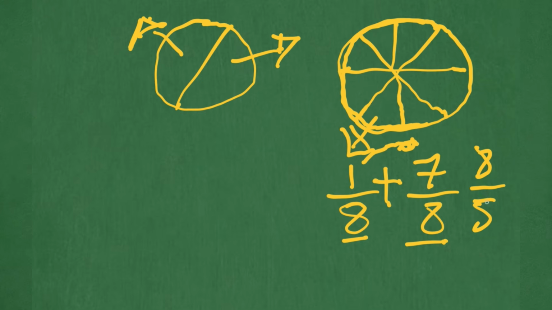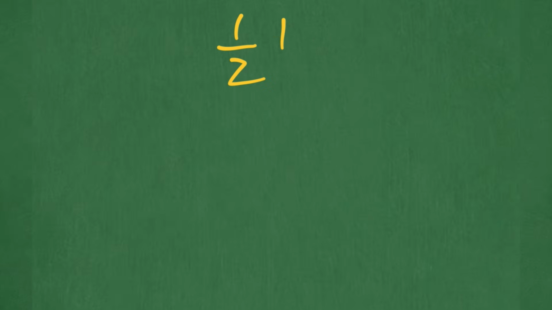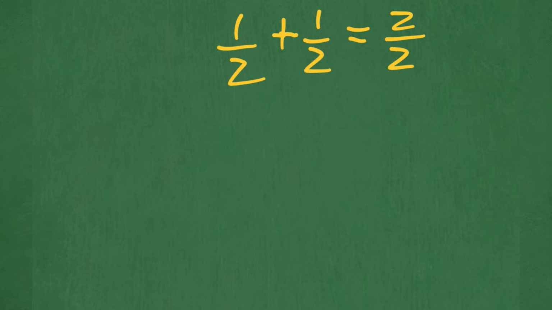So 8 over 8 would become the answer, which is 1. So that is what we are going to do. And I am going to explain it a bit more here. So 1 over 2 plus 1 over 2 means 2 over 2, right? So we can add this, 1 and 1, and get the answer 2, and just keep the bottom number.